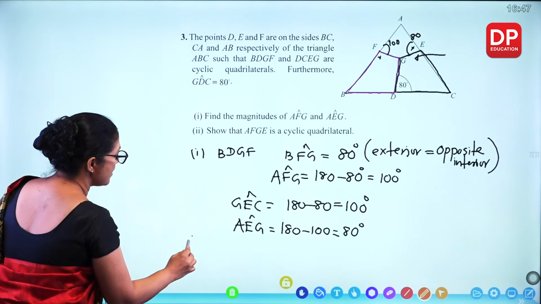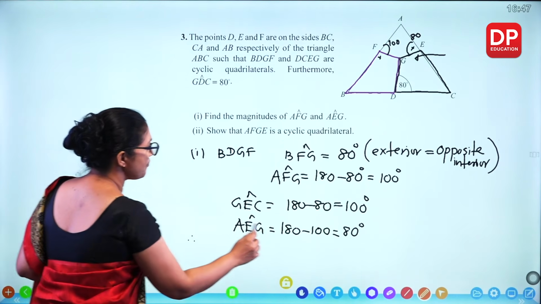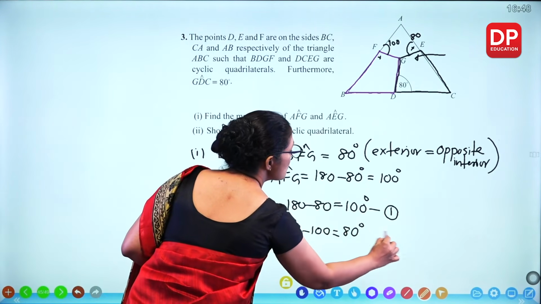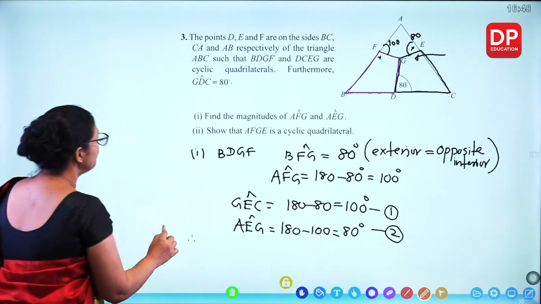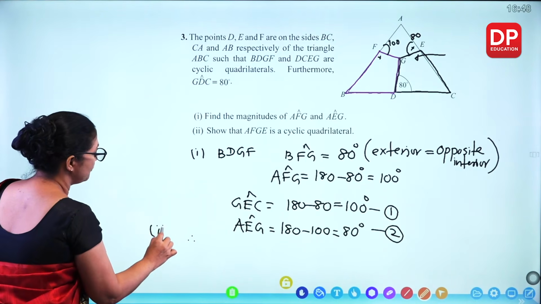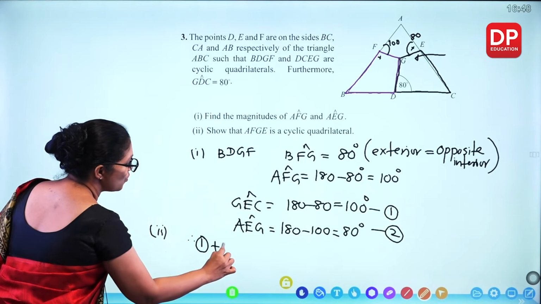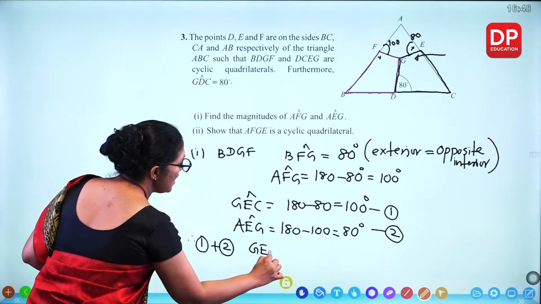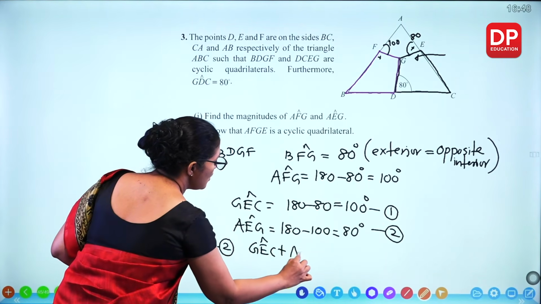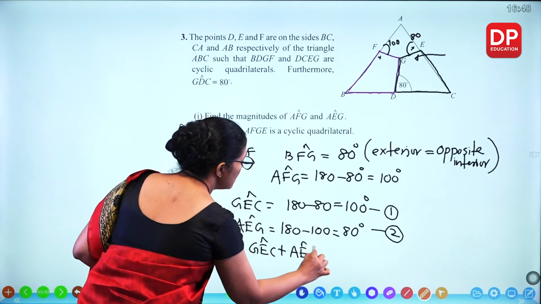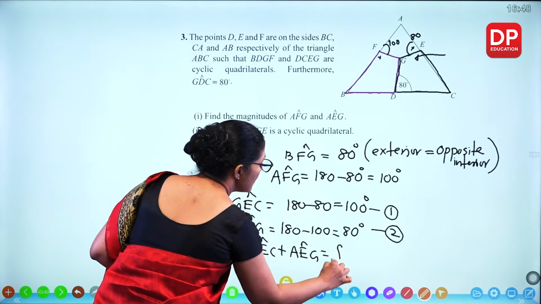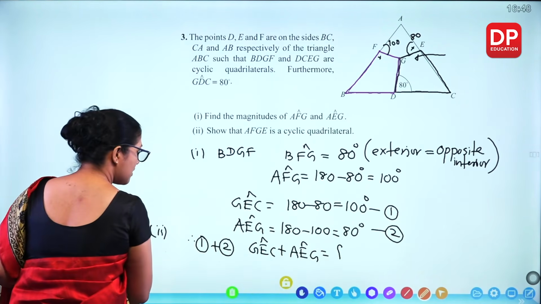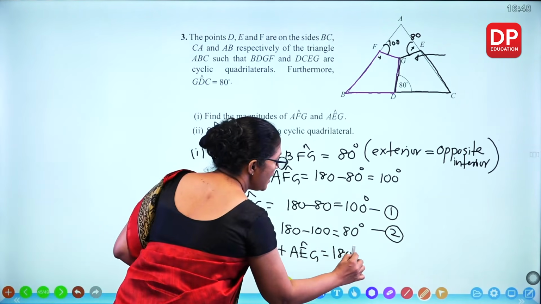So we can write down, if this is 1 and 2, 1 plus 2, you get GEC plus AEG angle is 180.